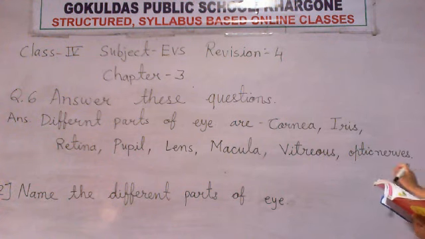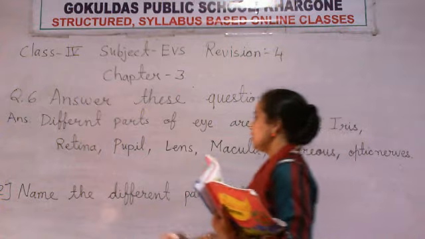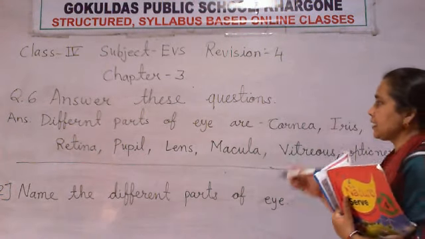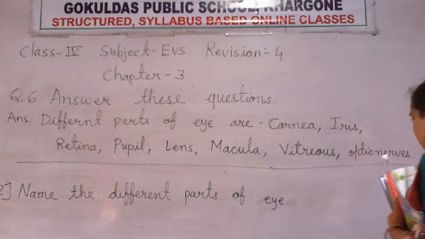These are the parts of your eyes. These are the internal parts of your eyes. Okay.